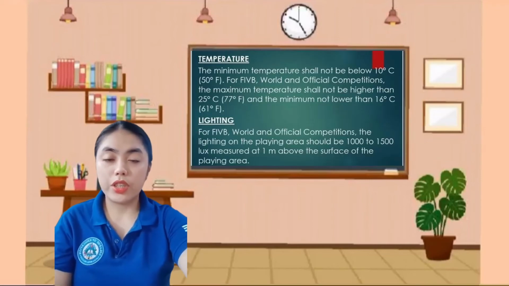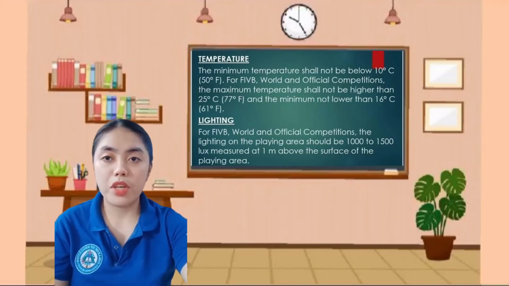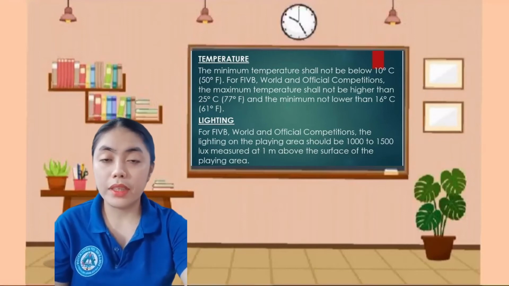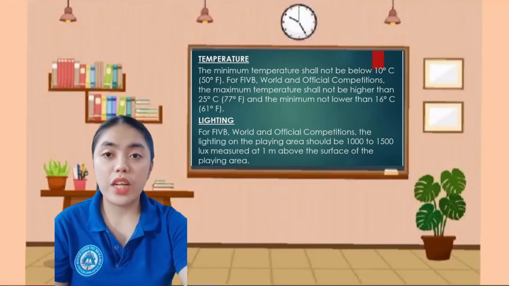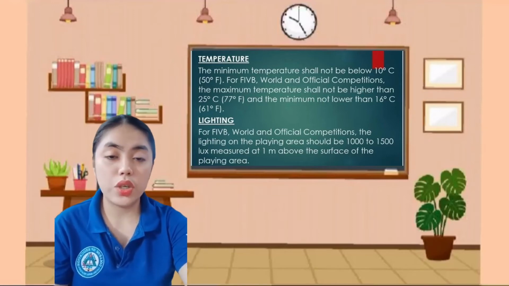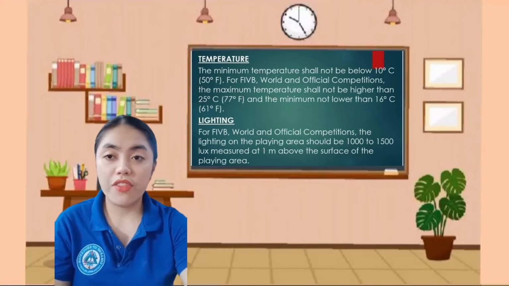Now let's proceed to temperature. The minimum temperature shall not be below 10 degrees Celsius or 50 degrees Fahrenheit. For FIVB World and official competitions, the maximum temperature shall not be higher than 25 degrees Celsius or 77 Fahrenheit and the minimum not lower than 16 degrees Celsius or 61 degrees Fahrenheit.